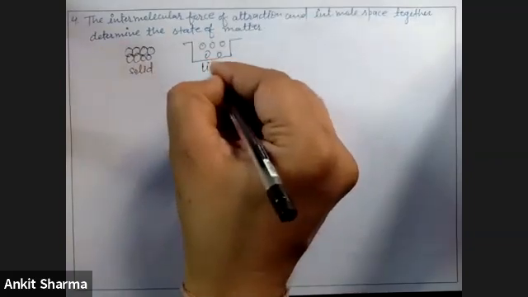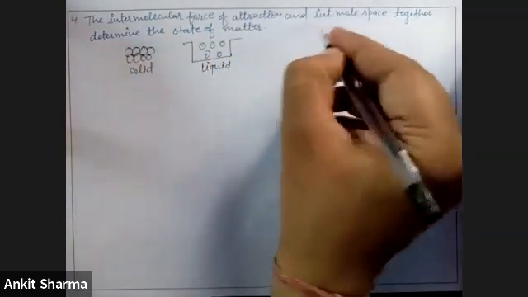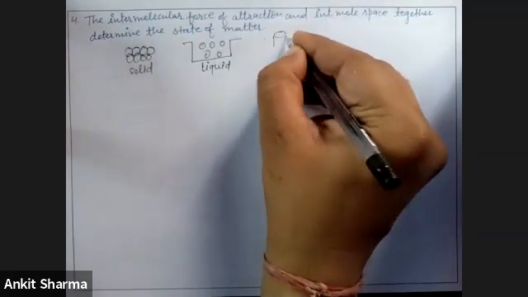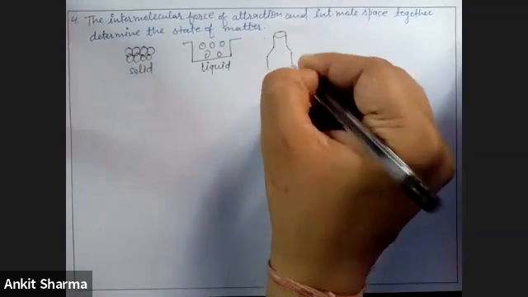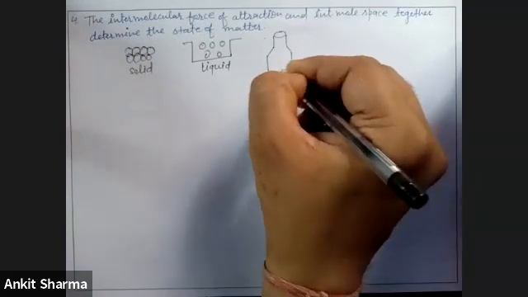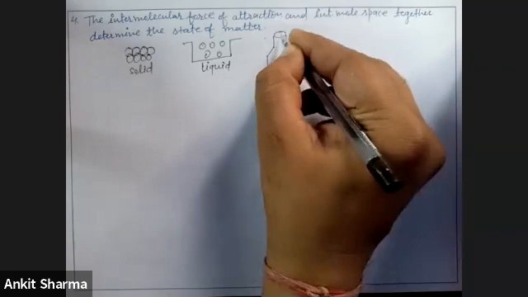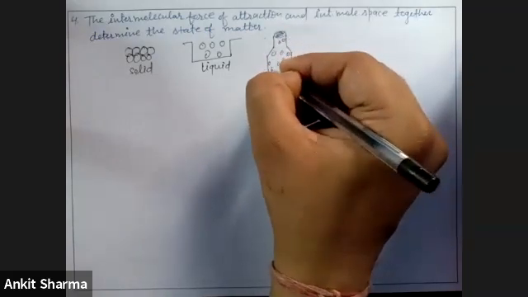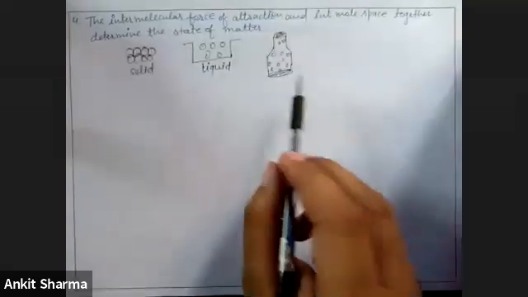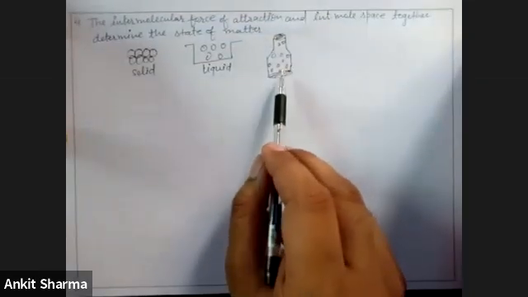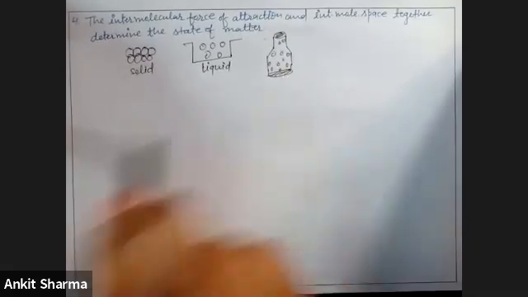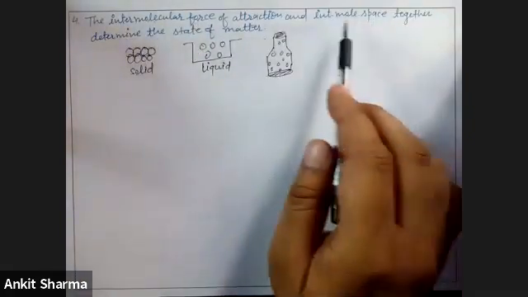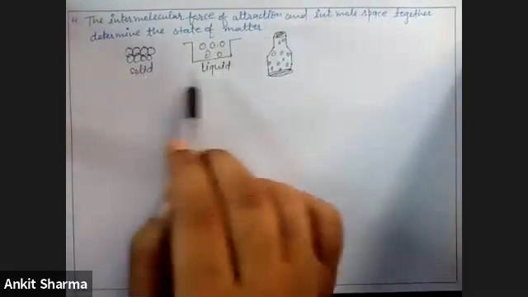And in gases, like we have a gas bottle here, the particles occupy the shape of any bottle, and they are least tightly packed. So intermolecular force and molecular space decide the state of matter.